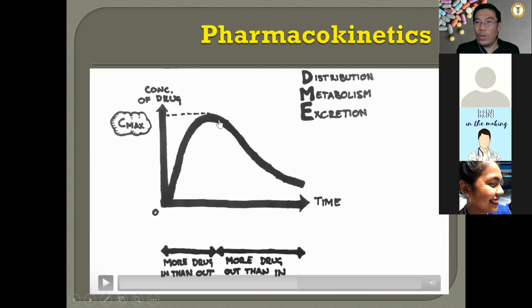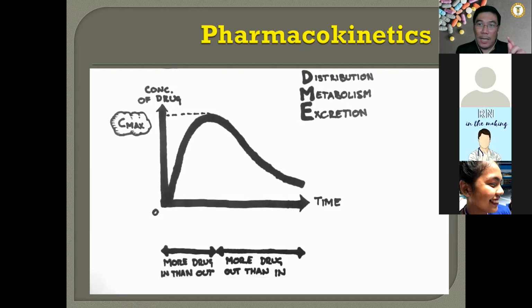And after 4 o'clock, what will it start to do? It will start to decrease in concentration because this is now the period of what we call metabolism and excretion. Class, it is very important to give the drug on time.